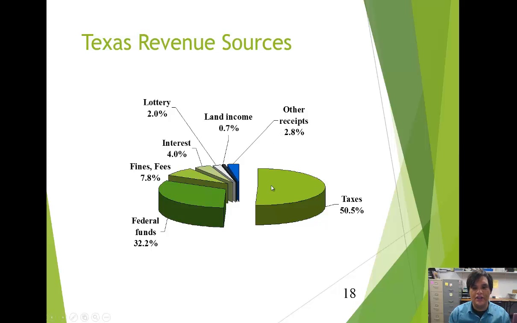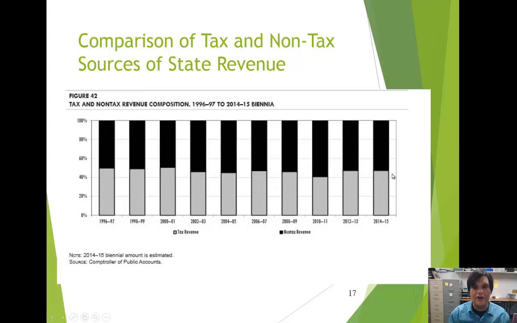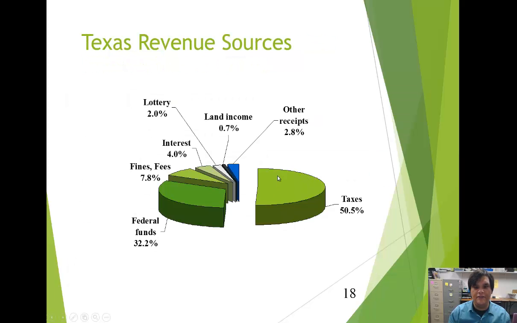So going back to the last graph, I guess it is on par. This is, like I said, around 45 to 50% it looks like, of tax versus non-tax revenue. Non-tax revenue is in the black, tax revenue here is in the gray. So it is pretty fairly representative on this graph as well, as all of these are non-tax sources of revenue, and then this would be your tax source of revenue. So it makes sense.